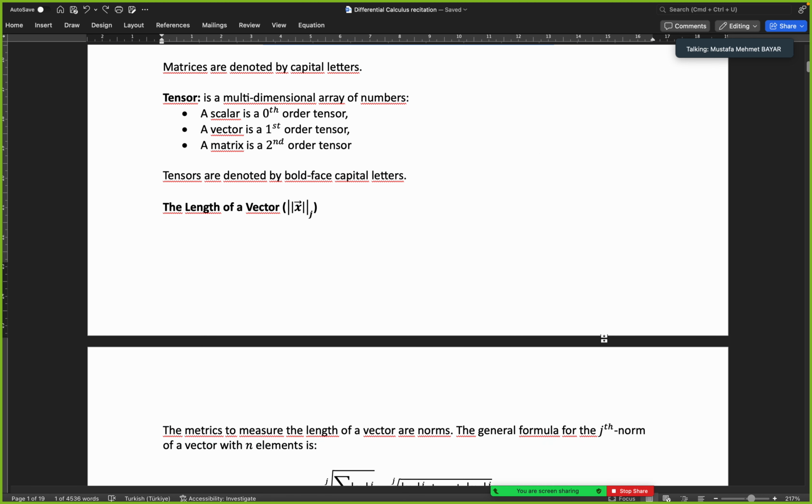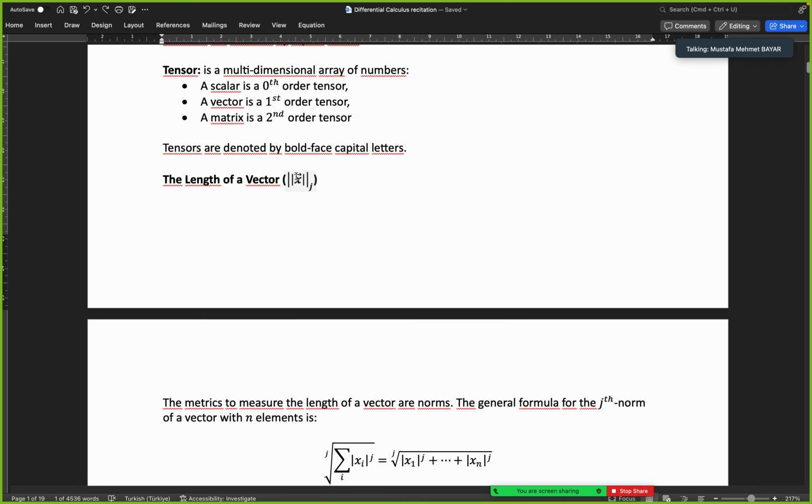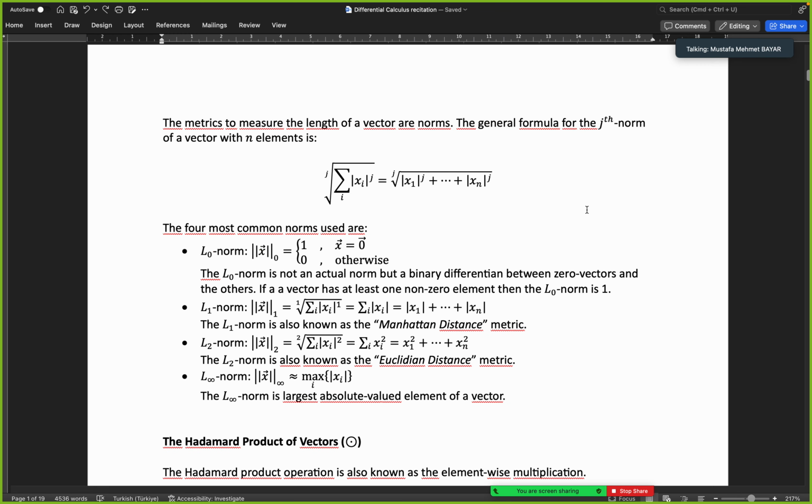And then we started talking about something that looks like absolute value for vectors, which is the length of the vectors. And to measure this length, we covered two different norm metrics. They were L1 norm and L2 norm, or you may remember me calling them the Manhattan distance or the Euclidean distance.